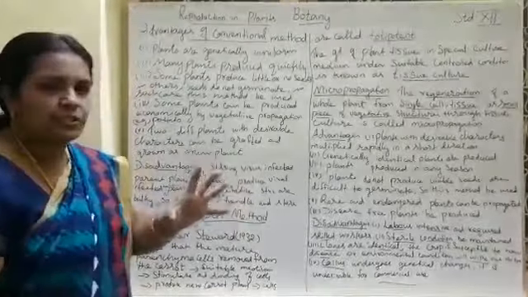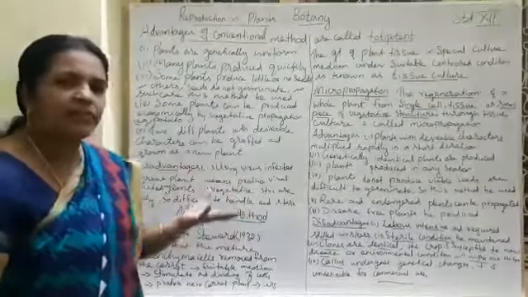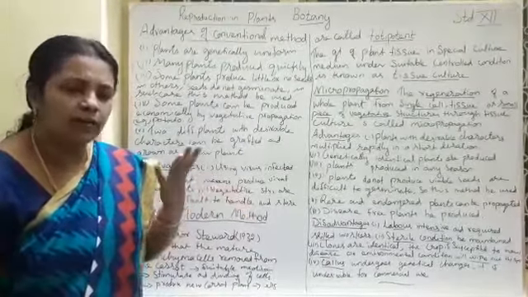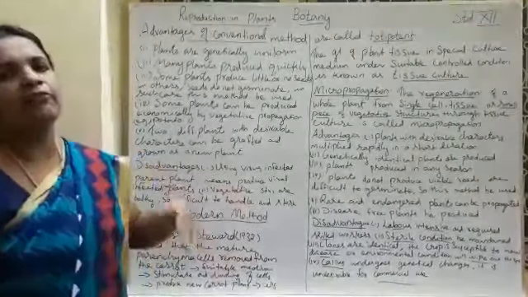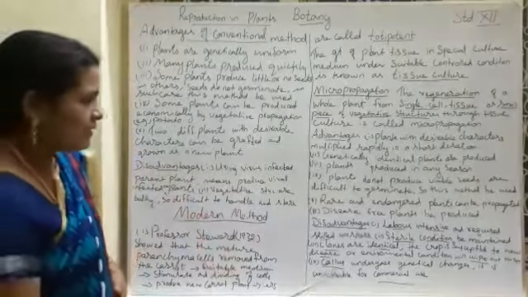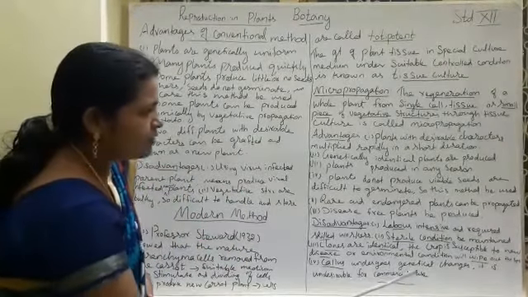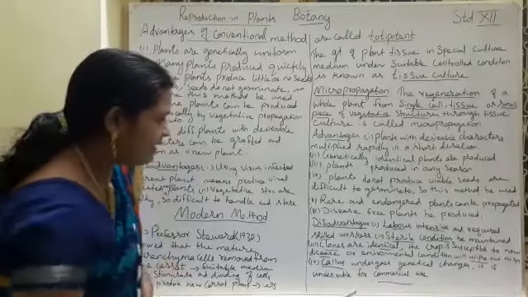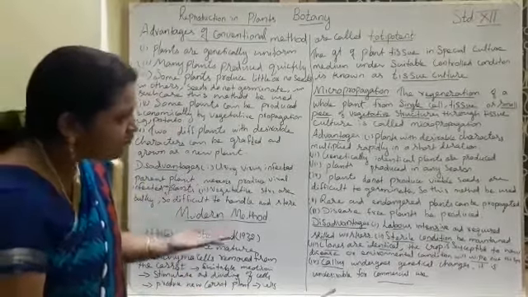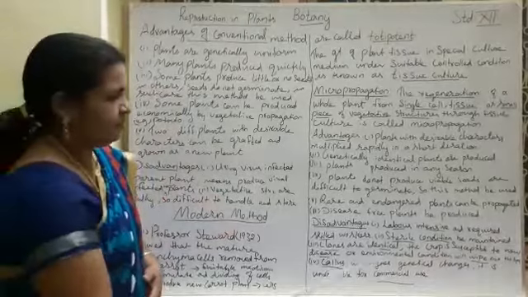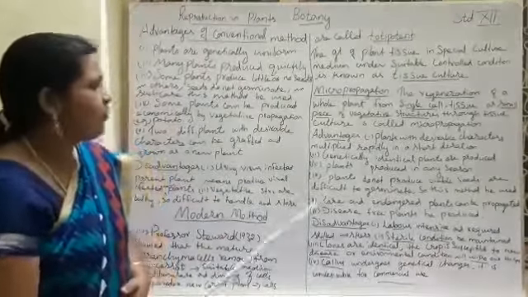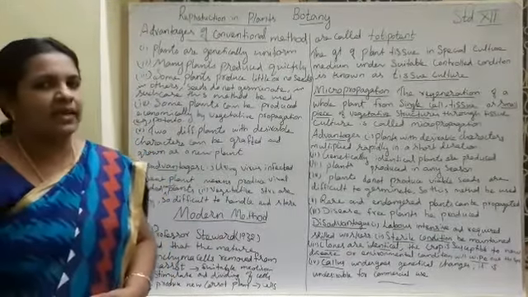If in this tissue or cell any genetic variation happens, what happens? It is unfit for growth. So that is, callus undergoes genetic changes. It is undesirable or unfit for commercial use. These are the disadvantages of the modern method. Study well. Thank you.